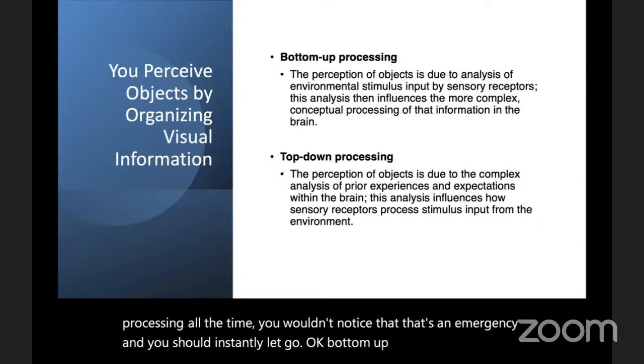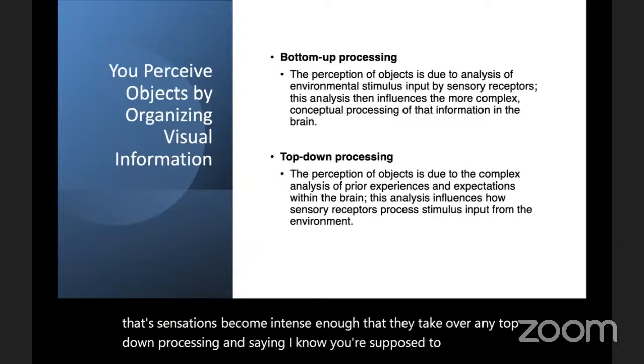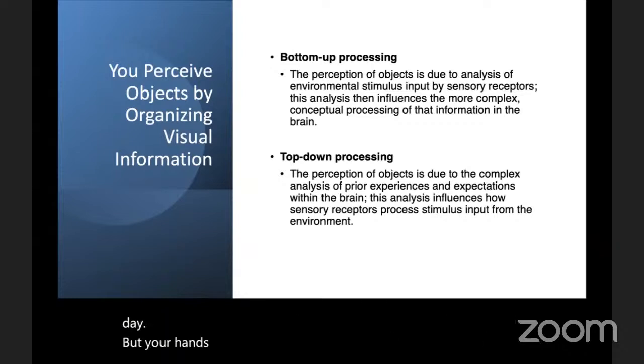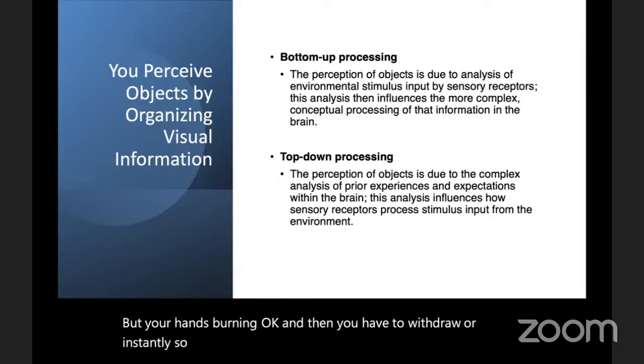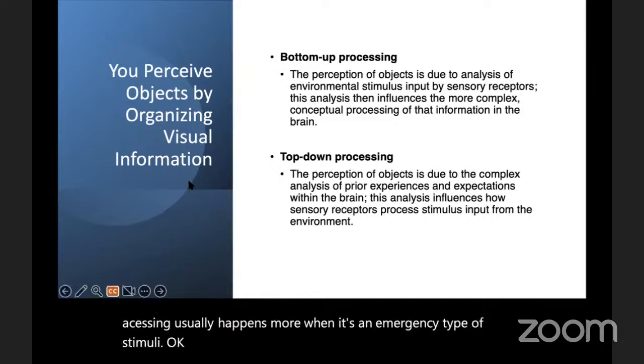Bottom-up processing is when the sensations become intense enough that they take over top-down processing and say, I know you're supposed to have a good day, but your hand's burning. Okay, and then you have to withdraw instantly. So top-down processing usually happens, and bottom-up processing usually happens more when it's an emergency type of stimuli. Okay, does that make sense? Yeah.